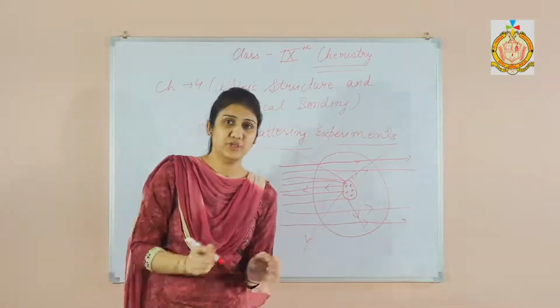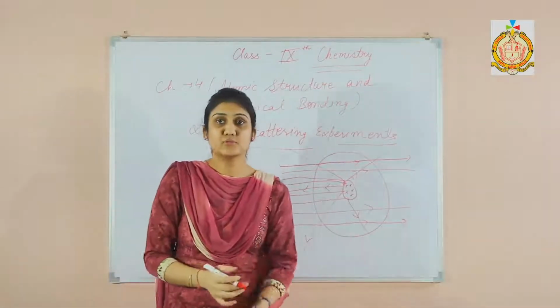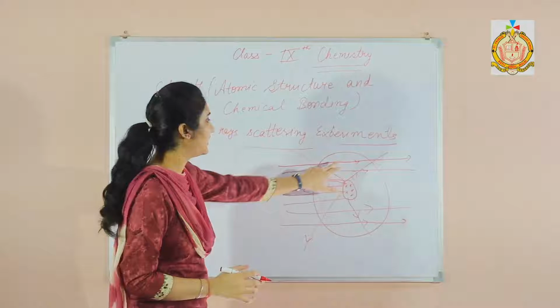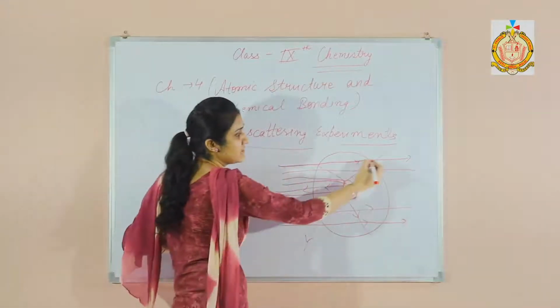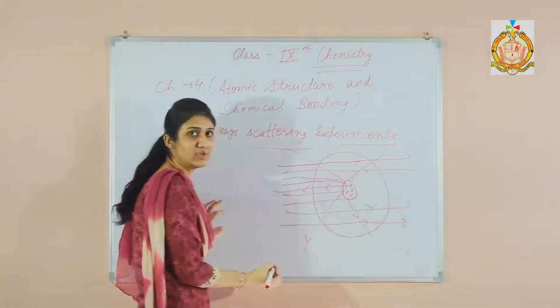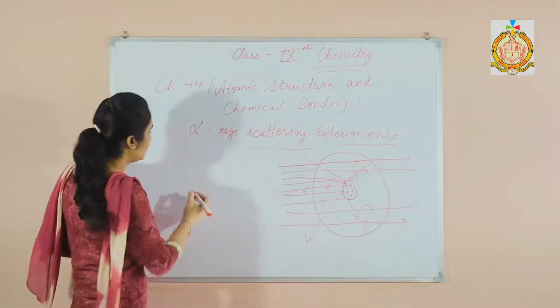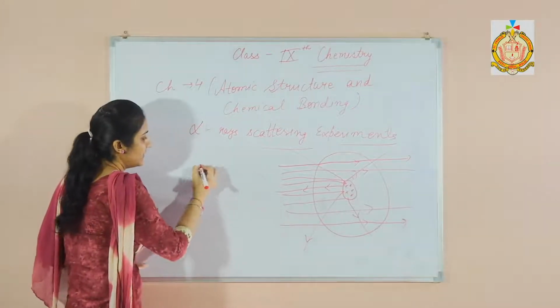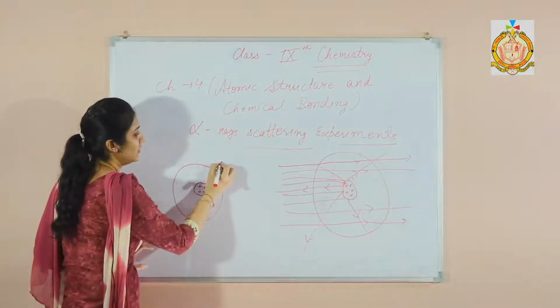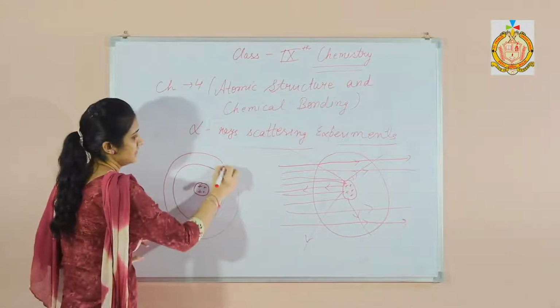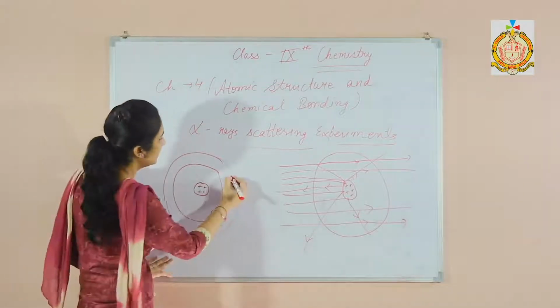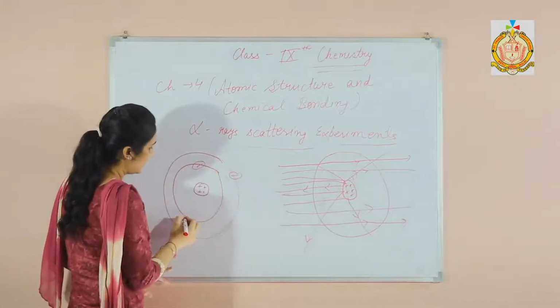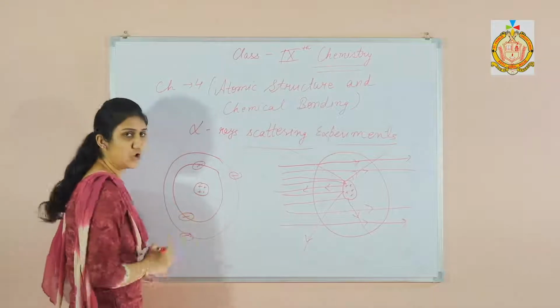So according to him, most of the space in the atom is empty. Since most of the alpha rays pass directly through the atom, most of the space in the atom is empty. And electrons revolve around in orbits.